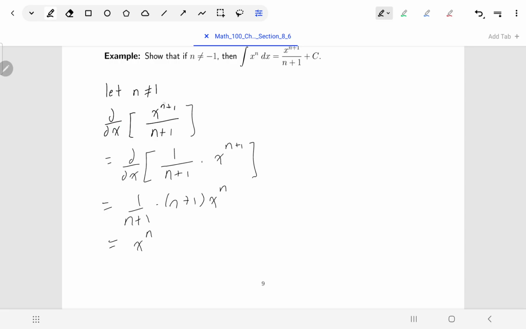So since the derivative of x to the n plus 1 over n plus 1 is x to the n, then the indefinite integral of x to the n is x to the n plus 1 over n plus 1 plus constant c.